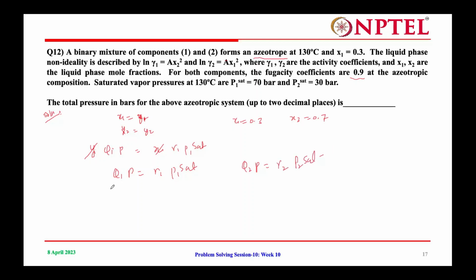Now take the ratio: gamma 2 by gamma 1 equals p1 sat by p2 sat. The fugacity coefficients cancel, right?